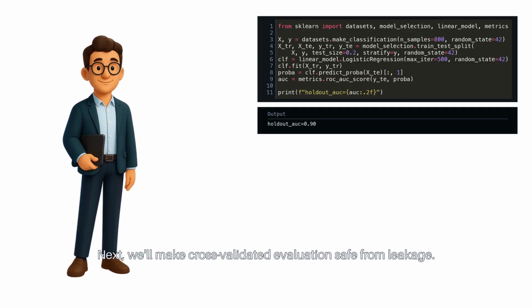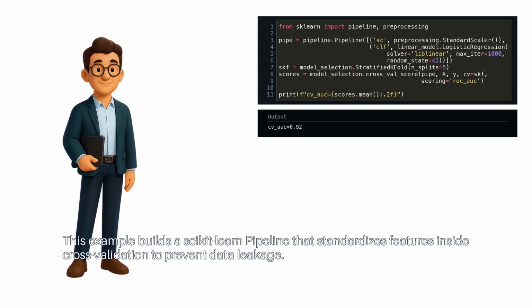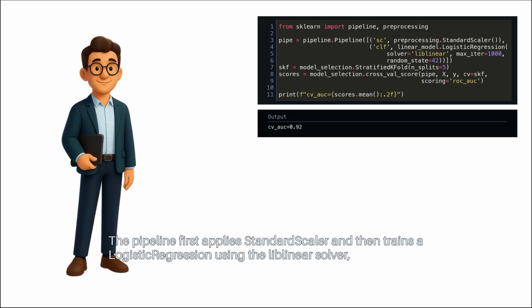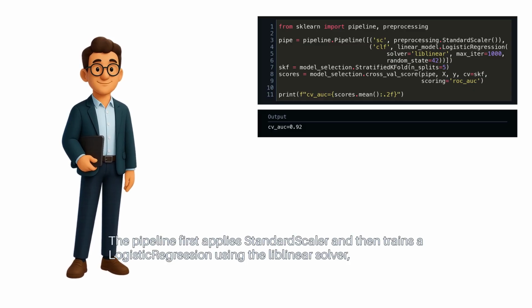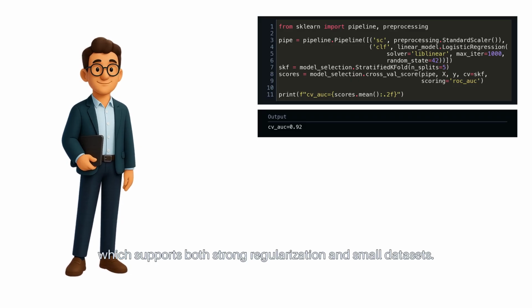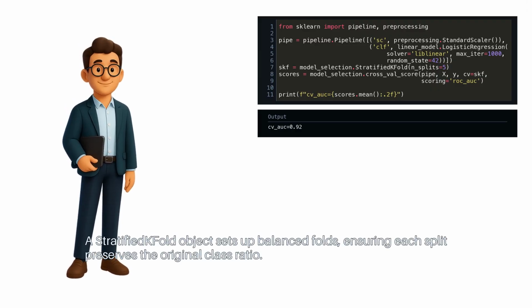Next, we'll make cross-validated evaluation safe from leakage. This example builds a scikit-learn pipeline that standardizes features inside cross-validation to prevent data leakage. The pipeline first applies StandardScaler and then trains a logistic regression using the liblinear solver, which supports both strong regularization and small datasets. A StratifiedKFold object sets up balanced folds, ensuring each split preserves the original class ratio.